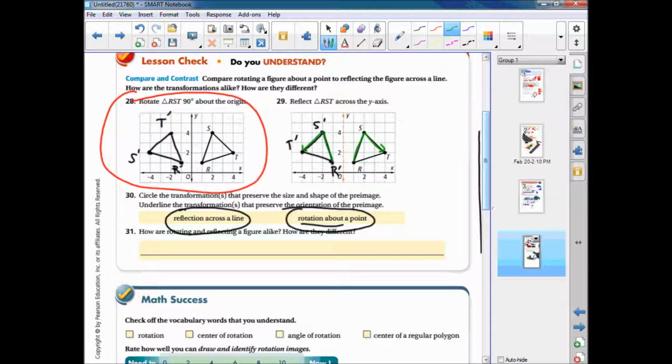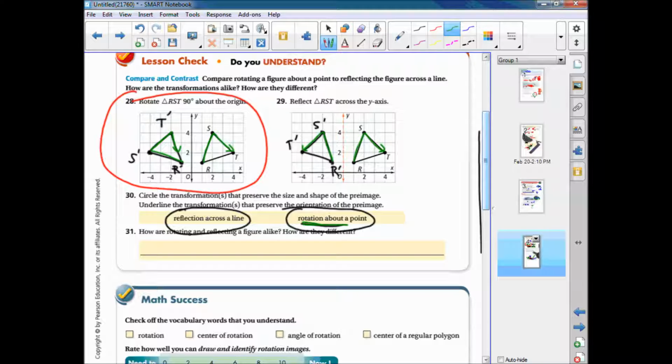So the orientation was clockwise and then changed to counterclockwise. But for our rotation, RST is still clockwise, and R prime S prime T prime is still clockwise. So for our rotation, our orientation stayed the same. Okay, but for our reflection, it did not. And that's because when you flip it upside down, it reverses the orientation.